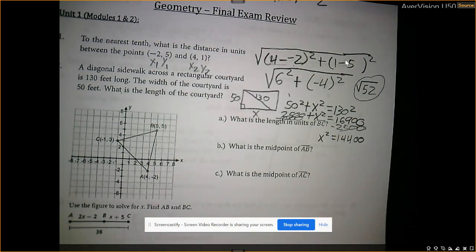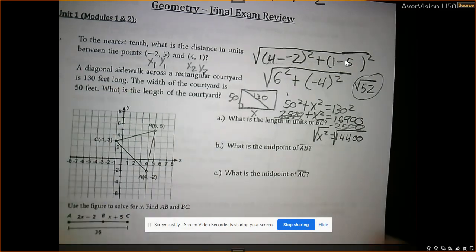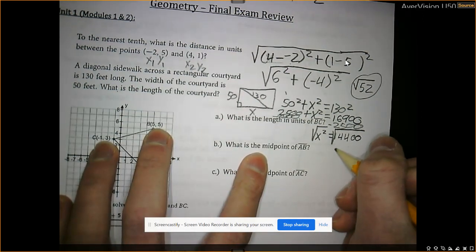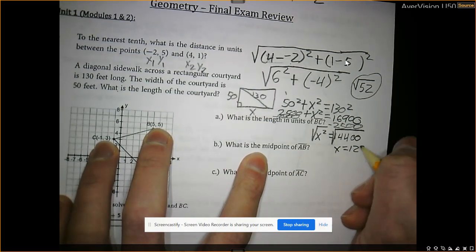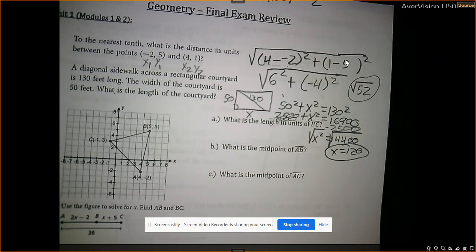If we want just x, our last step, we need to take the square root of it. So I take the square root of both sides. I believe that's going to be 120. Square root of 14400, yeah, that is 120. So x equals 120. That is the answer to number 2, even though I totally worked into the space of number 3.